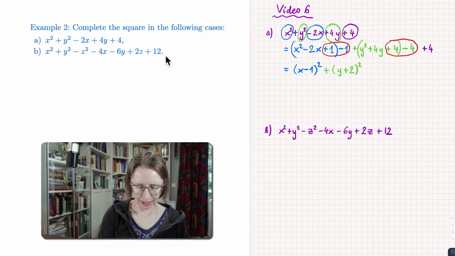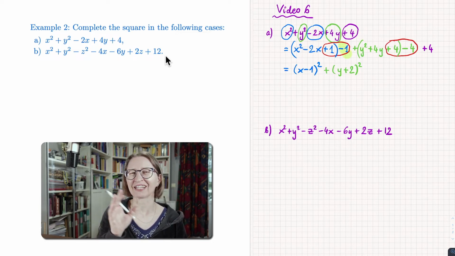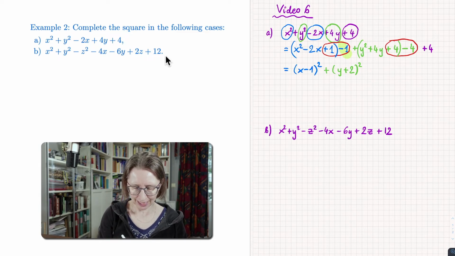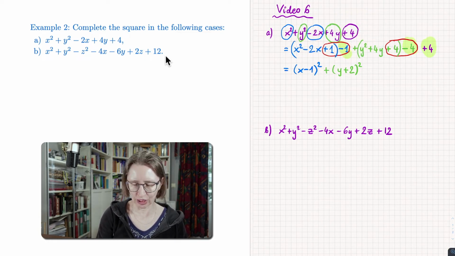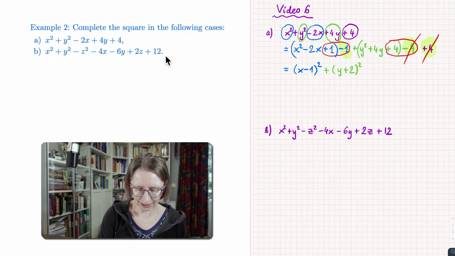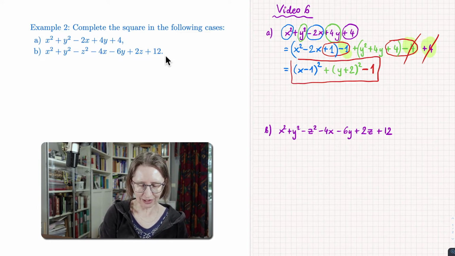So where do I have my constants which are not connected to some perfect square? I have minus 1, I have minus 4, and I have plus 4. So you see, minus 4 and plus 4 will just cancel out, so these 2 disappear, and I have simply minus 1. So I'm done completing the square.